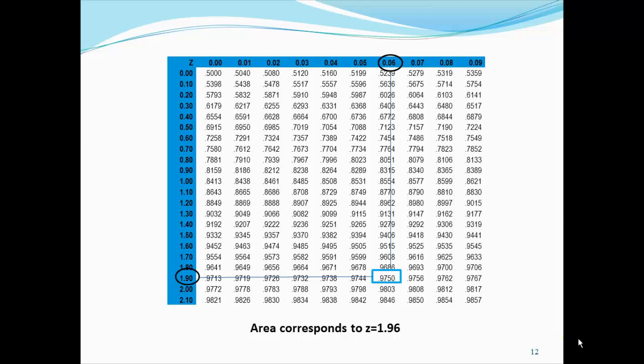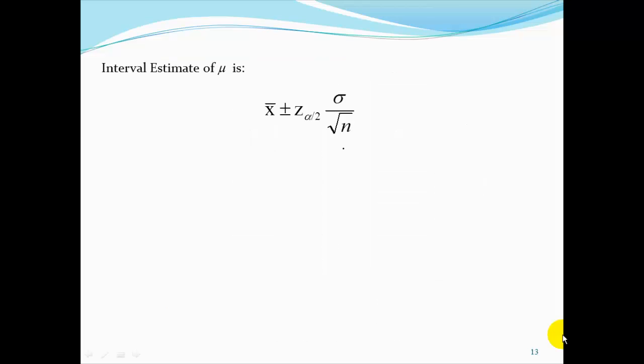Therefore, the corresponding z-score to this area is 1.96. So returning to our formula for computing the confidence interval for our problem, we can fill in our sample mean value, our z alpha over 2 value, our sigma value, and our n value for this problem.